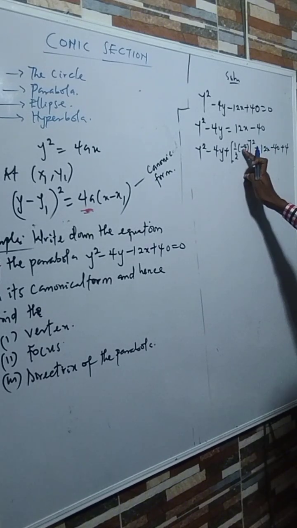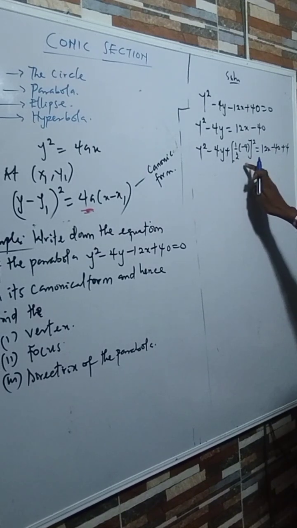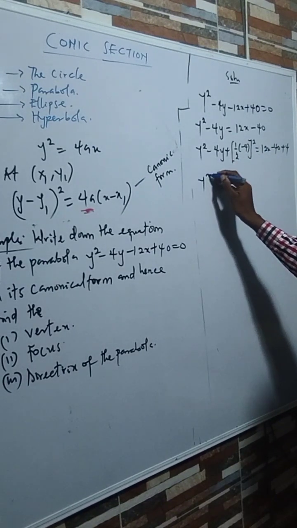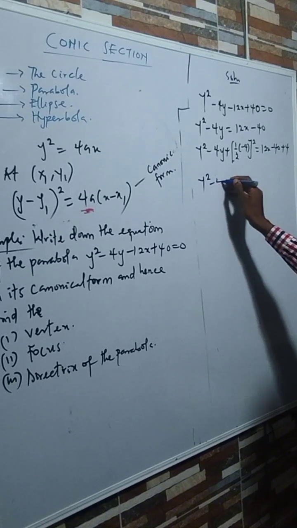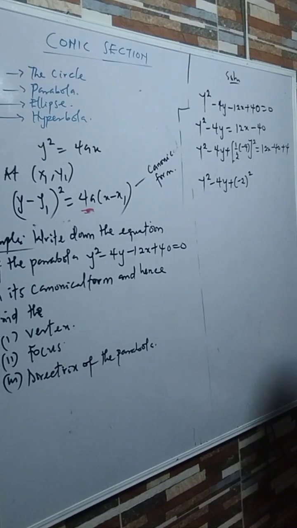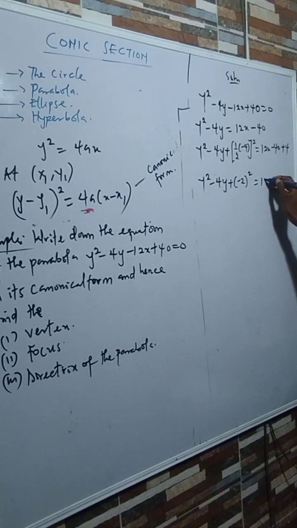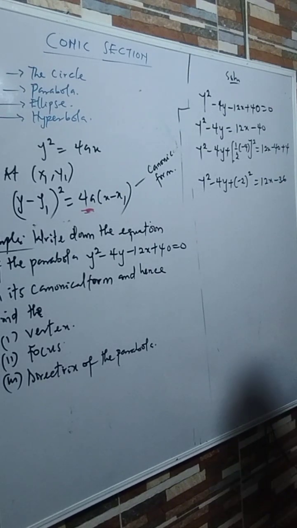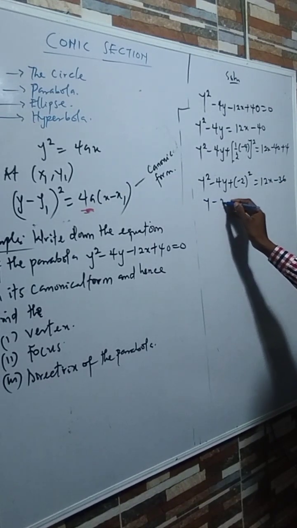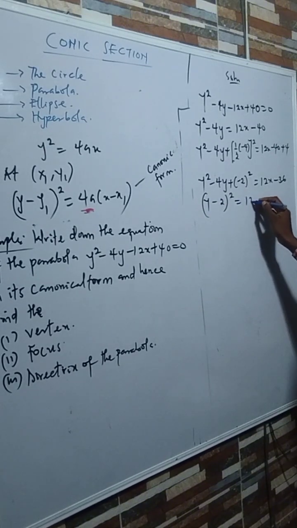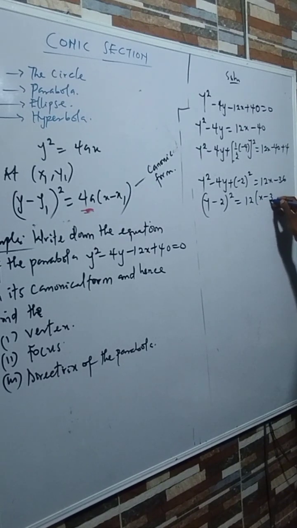Because this is minus 4 over 2, which gives you minus 2 squared, and minus 2 squared is minus 4. So you add it here, you also add it here to make it complete. So we're having it as y squared minus 4y plus minus 2 all squared is equals to 12x minus 36. So this will give you y minus 2 all squared is equals to 12 bracket x minus 3.